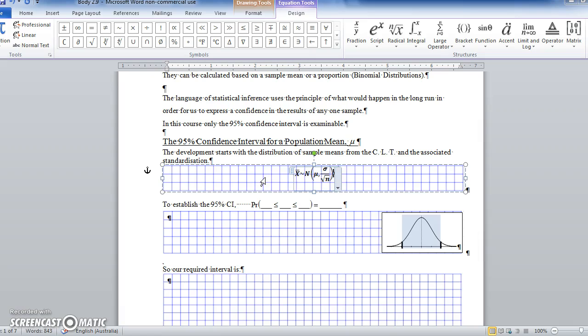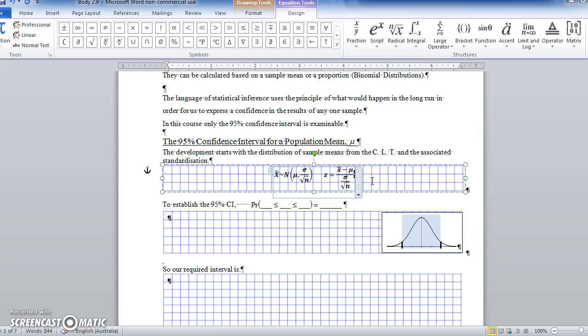Okay, now if we want to standardize this particular distribution, then the standard value for one particular sample mean is just going to be equal to x bar take mu, and that's all going to be divided by our standard deviation, which is sigma on root n.